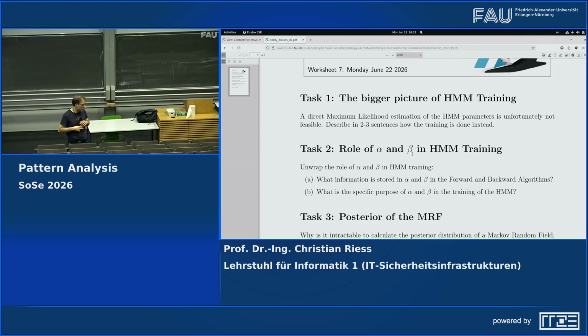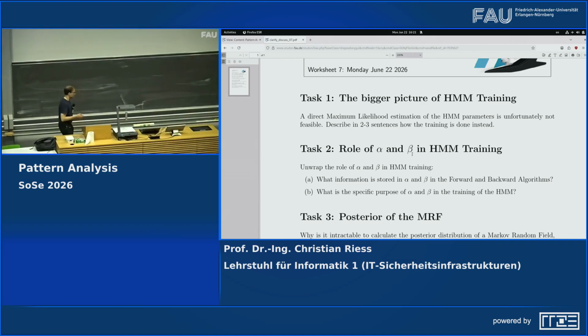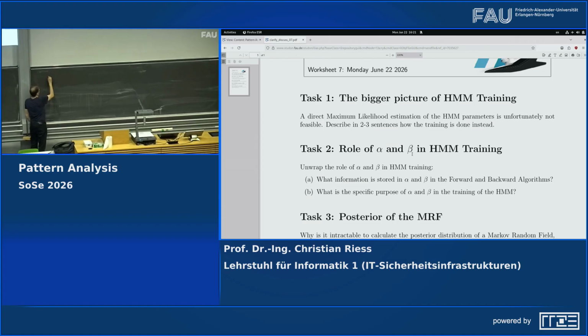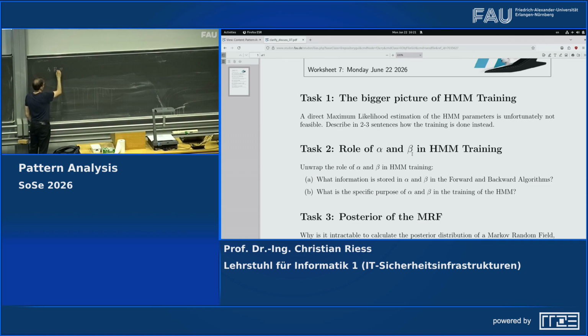It would be a procedure that comes up with values for A, B, and pi, that directly translates training sequences into parameters A, B, pi.